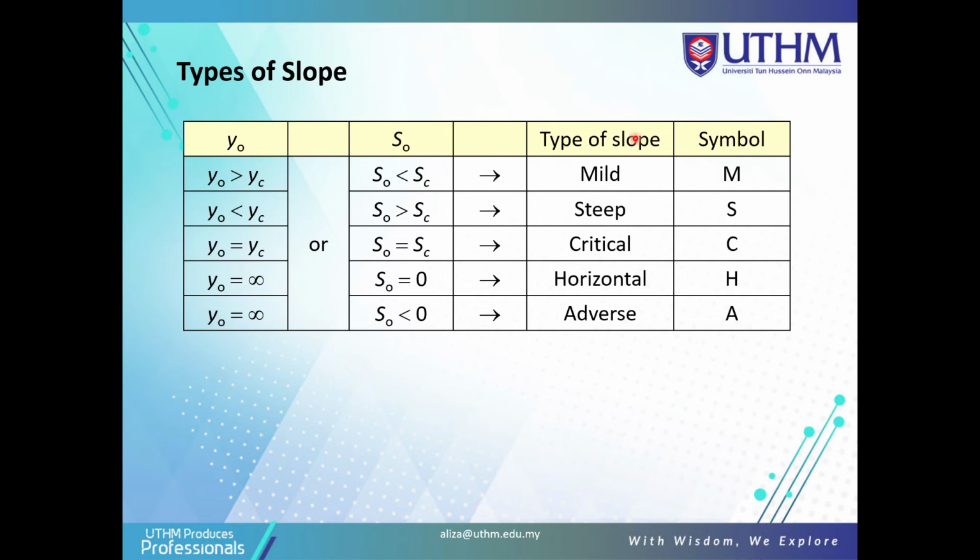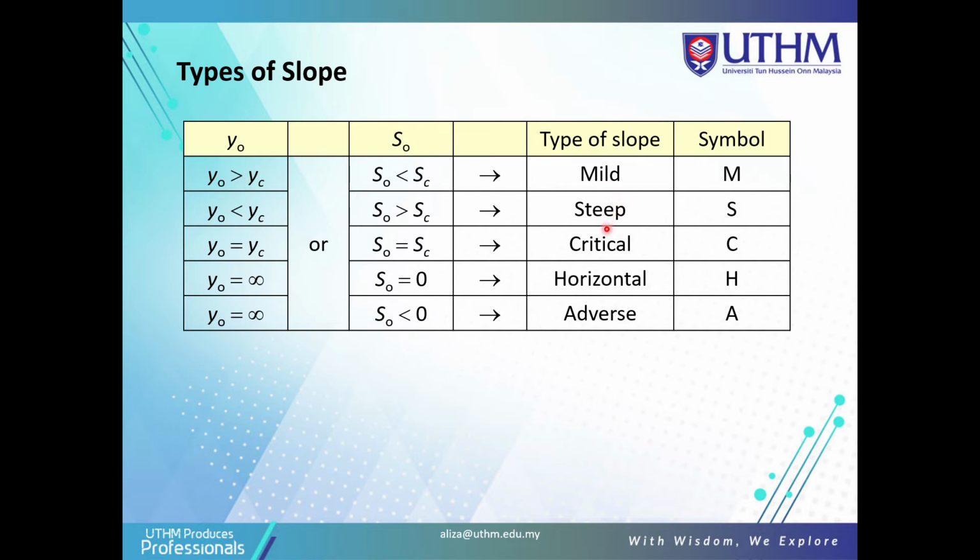The types of slope are based on these symbols: M for mild, S for steep, C for critical, H for horizontal, and A for adverse. Actually, adverse and horizontal are not usually used, but in real situations we can find horizontal and adverse. But for this syllabus, we just learn about mild, steep, and critical.